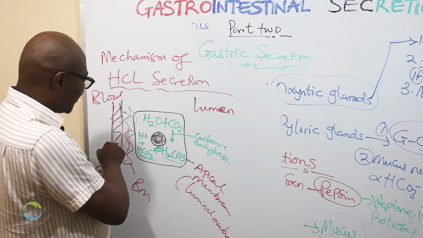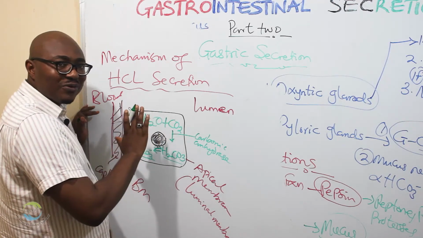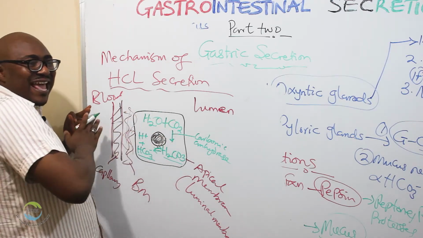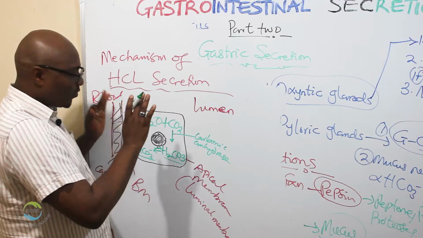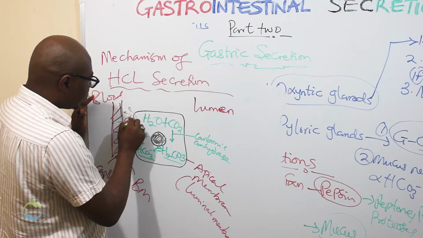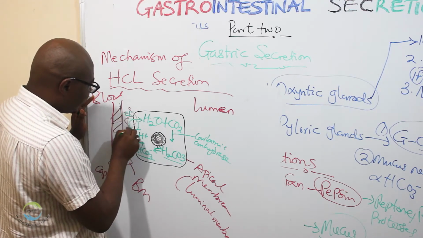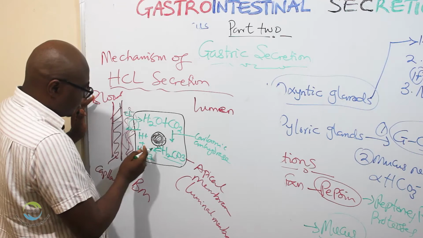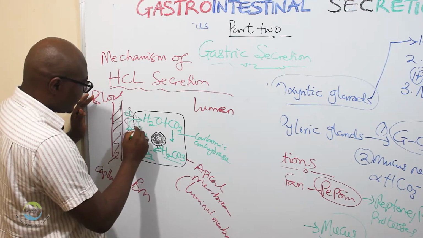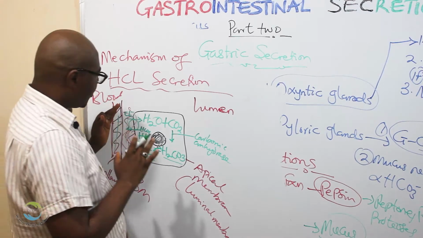This is venous blood. And it doesn't go alone. It will go in exchange for chloride ion. So there is a carrier that will take chloride inside and take this bicarbonate, HCO3, outside into the venous blood.